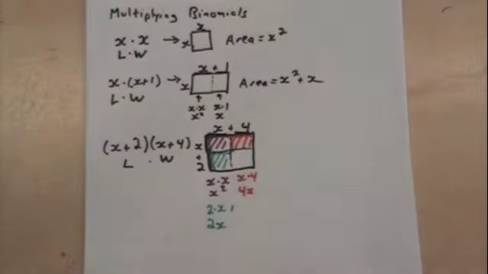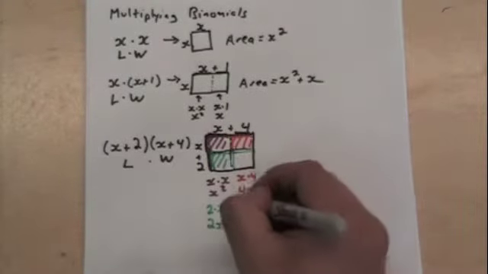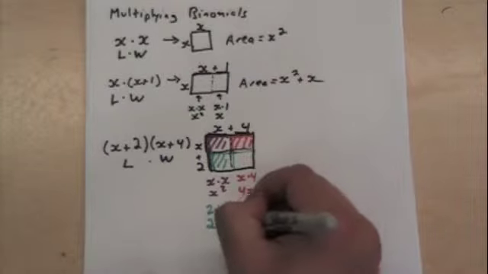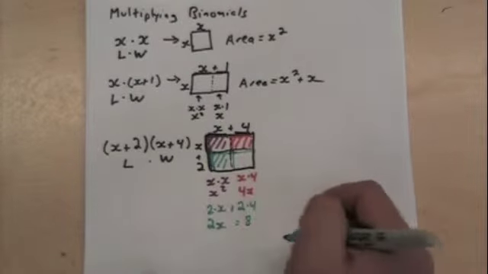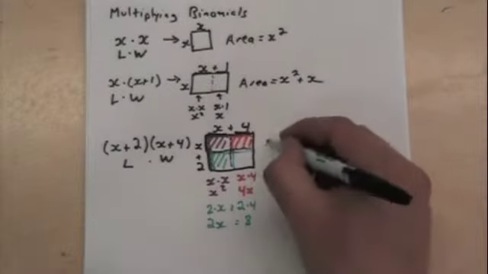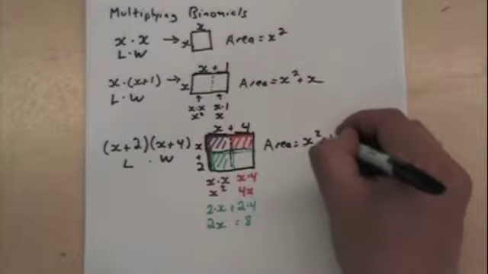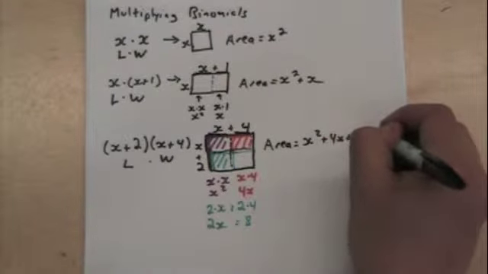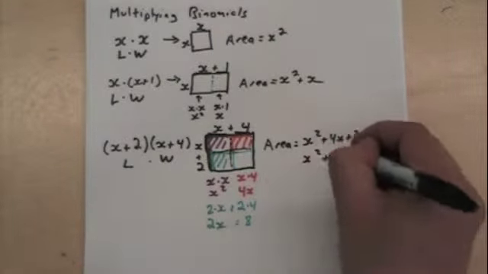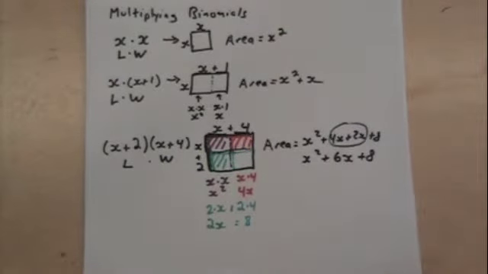And the remaining section, the length is 2, the width is 4, 2 times 4 equals 8. So the whole area would be just the sum of all the parts, so x squared plus 4x plus 2x plus 8, which is x squared plus 6x plus 8 when we combine those like terms.